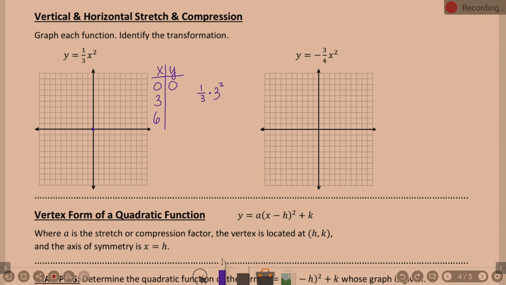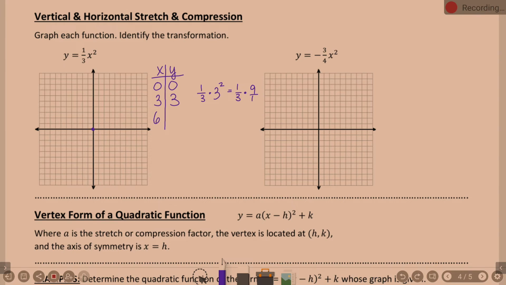So what is 3 squared? 9. And so then I'm doing 1/3 times 9. What is a third of 9? 3, right? Take 9 and divide it by 3. Okay.